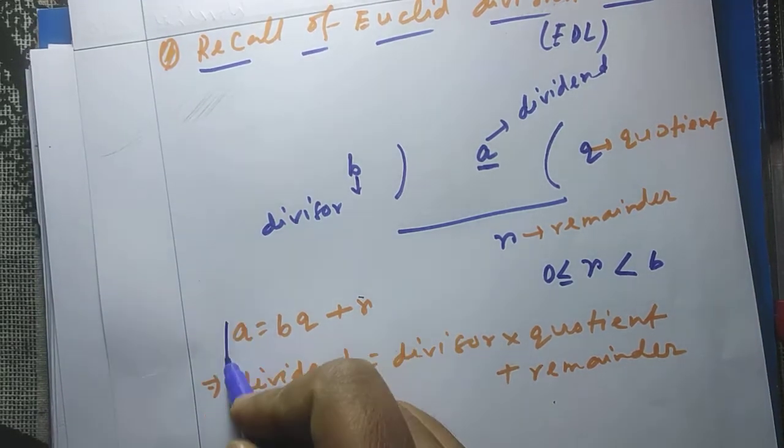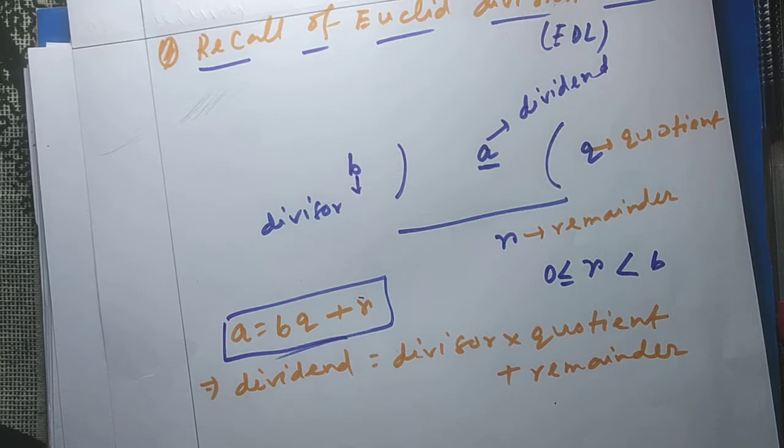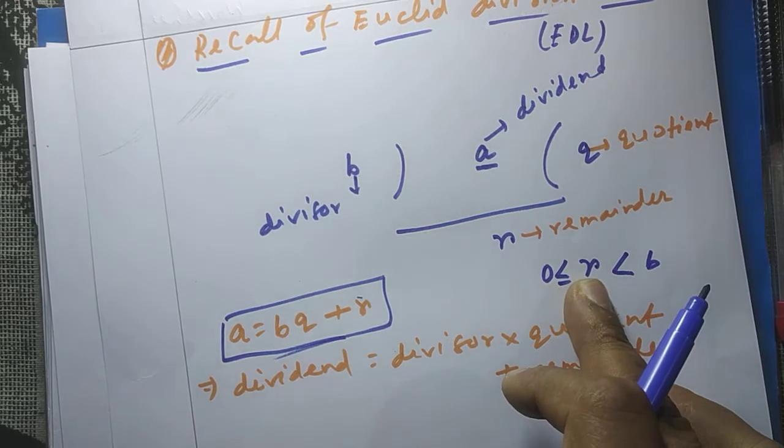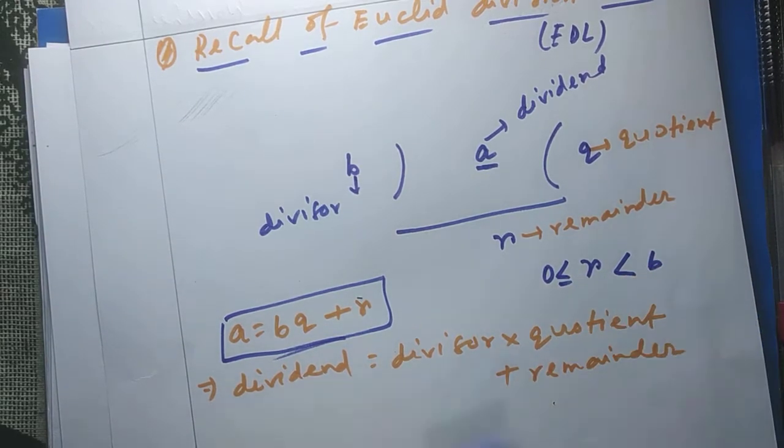Simply this formula is known as Euclid division lemma that we learned in the first chapter, where obviously r will be greater than or equal to 0 and less than b.